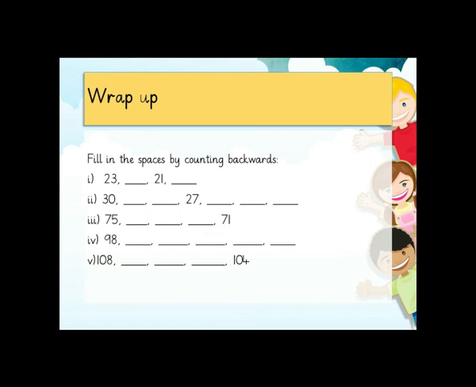In number 2 there is 30. Then comes, remember students that you have to count backwards. Then come, yes, 29, then yes, 28, after it's 27, and after 27 counting backwards it comes 26, then 25, and after it 24, right.